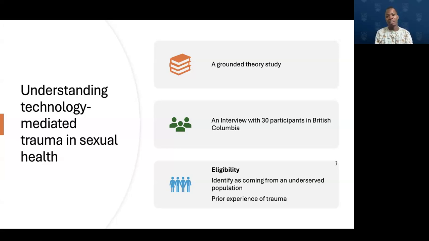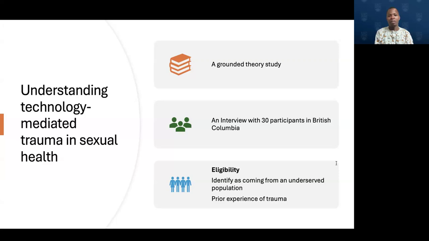And these people identified as coming from an underserved population and with prior experiences of trauma. We conducted a virtual interview with each of these participants that lasted approximately 60 minutes. And the purpose of this study, as I indicated, is to produce an explanatory model of how emotional trauma manifests in the context of sexual and reproductive health technologies.